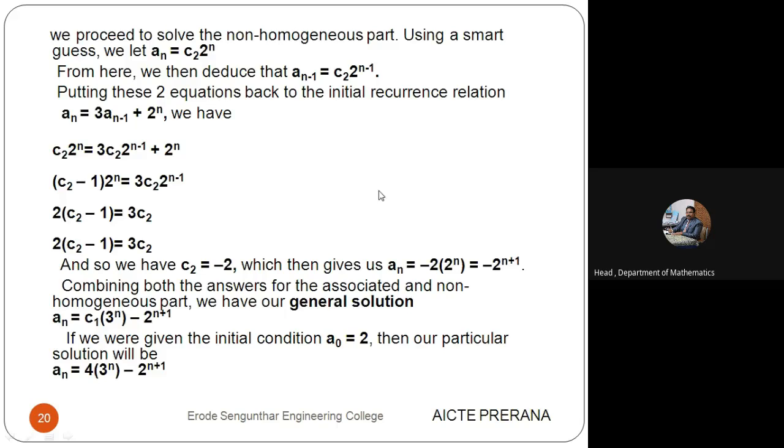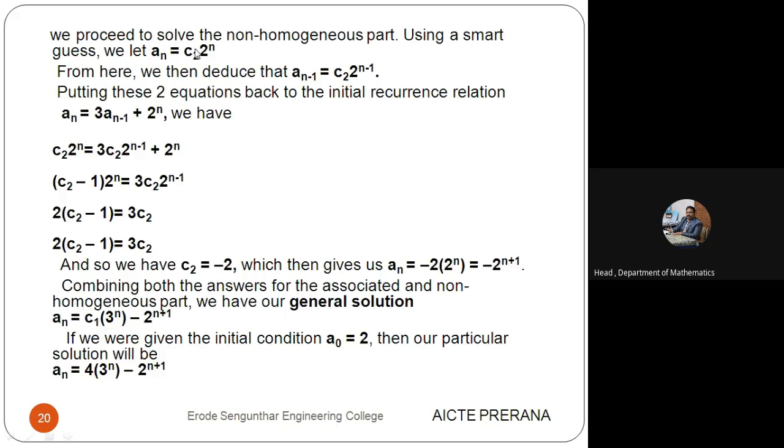Already we know a_n equal to c2 into 2 power n. We assume that the solution of this non-homogeneous part is a_n equal to c2 into 2 power n. Now we find this constant value c2.